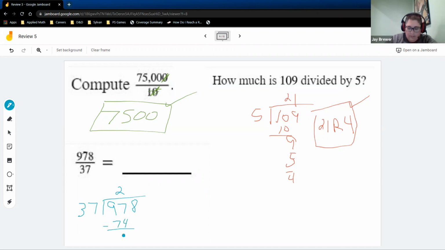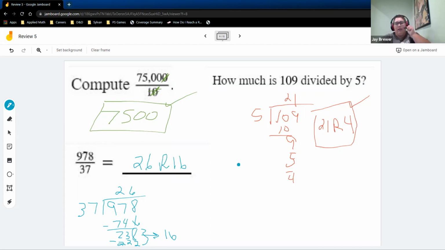So that works nicely. And then you have 23 left. And then you bring down your 8. So you have 233. 37 times 6 will give us 2s across the board. So 2, 2, 2. So that will give us a remainder of 16. So the answer EdReady likes to see is 26, remainder 16.